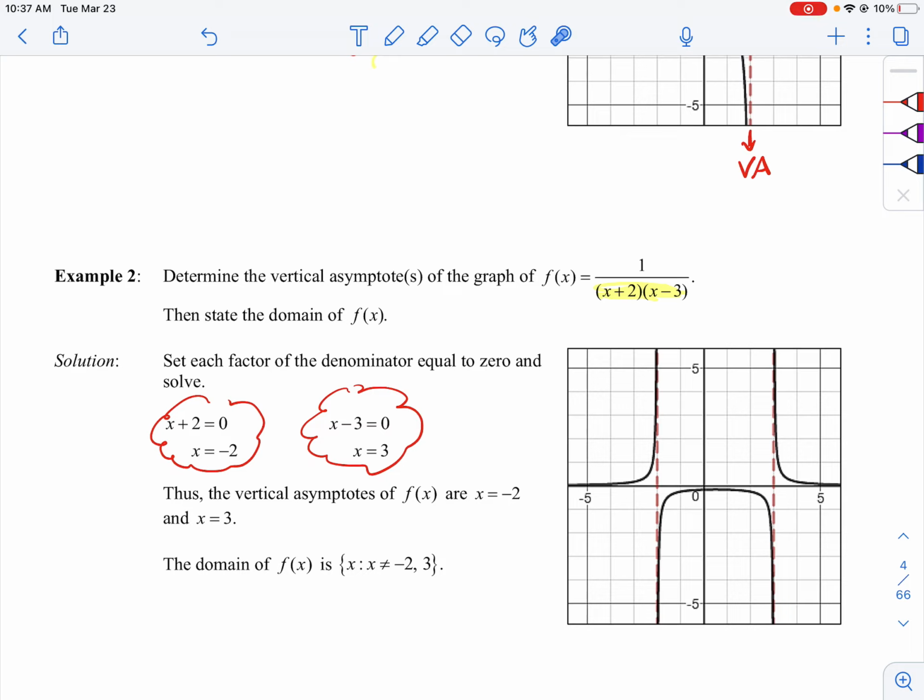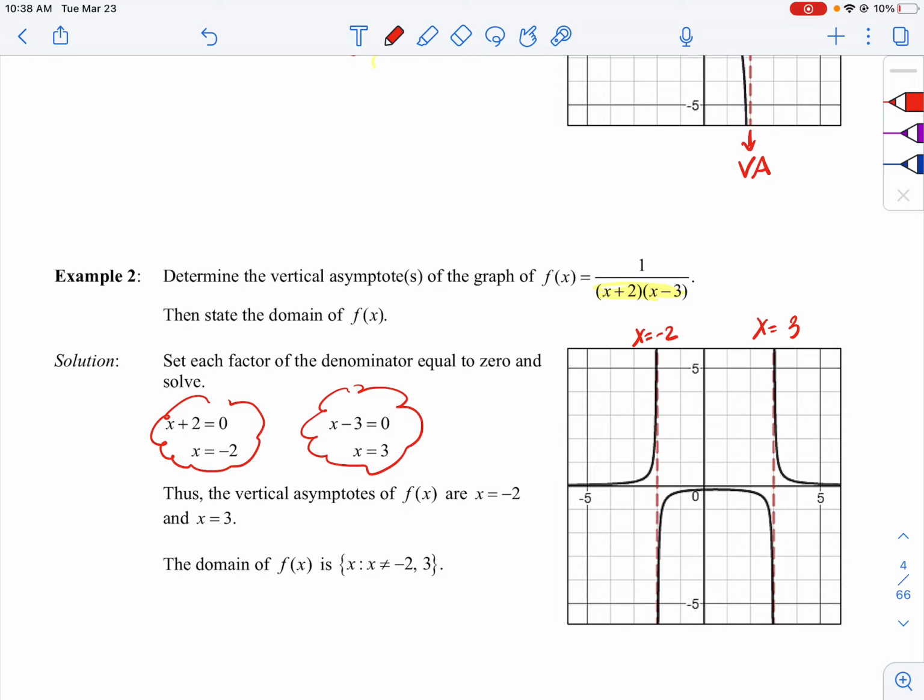So if you notice here, there is a vertical red line over here at x is equal to negative 2. There is also a vertical dashed line at x equals positive 3. And those are what we call our vertical asymptotes. And for my domain, I can use any negative number, I can use a 0, I can use any positive number.